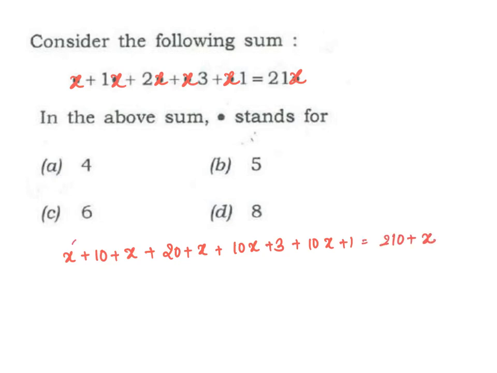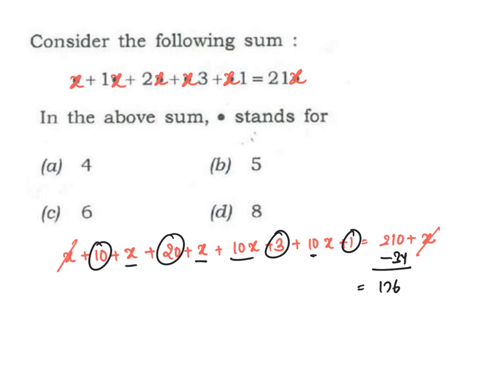Now I can cancel this x and x. Then we have 10, 20, 3, 1, 34. If you subtract 34, it will be 176. Now we have x plus x, 2x, 10x plus 10x, 22x. Now x is equal to 22 eights are 176. So that value of dot is 8.